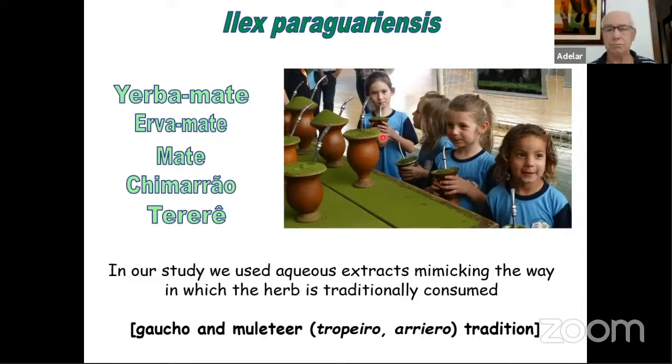In this way, these girls are drinking what is in fact a hot water aqueous extract of this herb.